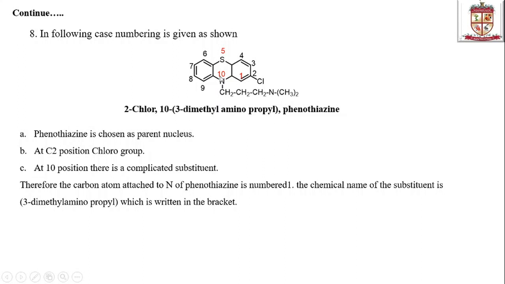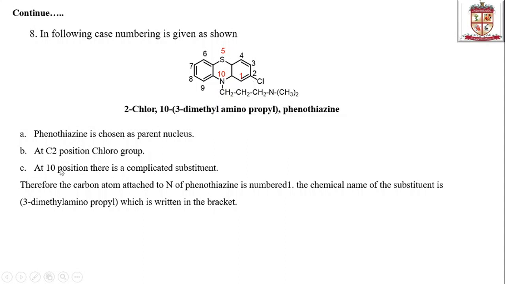Since this is the parent compound, its name is written last, as the suffix. Then at position number 2, a chloro group is present. Here the carbon number 2 carries the chlorine, and hence we write 2-chloro.